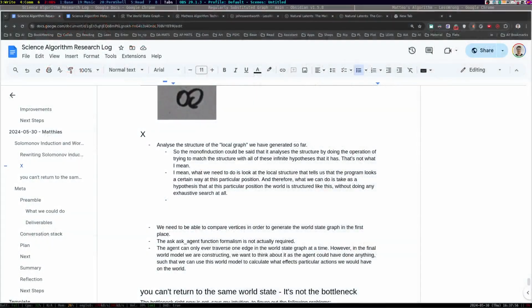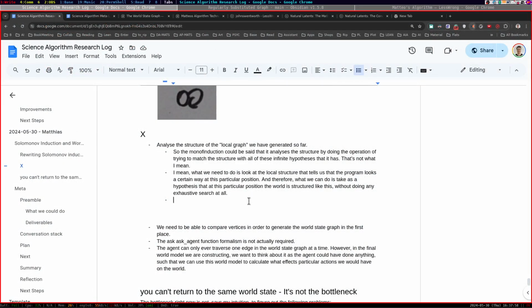Okay, I remember. Note that if we can make a model of the entire world state graph that actually describes reality, then we basically know exactly the program that describes reality.